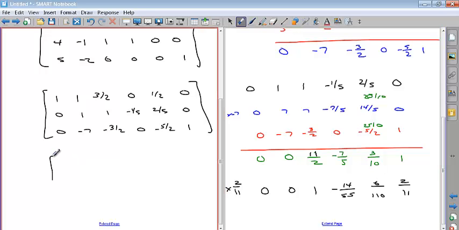Okay, so let's write out where we are. Obviously, there's a big chance of making mistakes here. That's why the computer is so nice, because it's not going to make a mistake as long as you enter the data correctly.